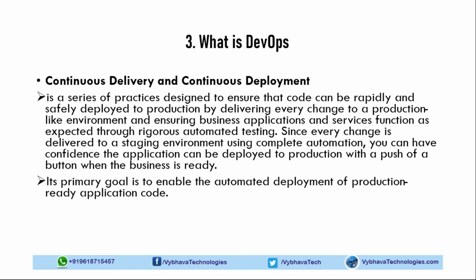Once it is successful, it is pushed to the next level, the live environment. And it happens with one click in DevOps. Previously it took a lot of time and was very process oriented. Now everything is automated. How that automation is set up is what the DevOps engineer is required to do. The primary goal is enabling these automation processes at the different production levels.